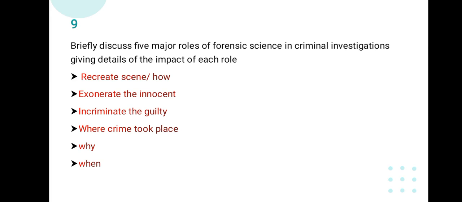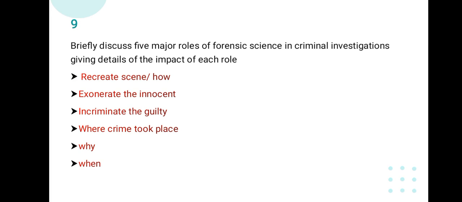Question 9. Briefly discuss 5 major roles of forensic science in criminal investigation, giving details of the impact of each role. What are some of the roles of forensic science that you know? These are some: recreating the scene, that is describing how the events took place.